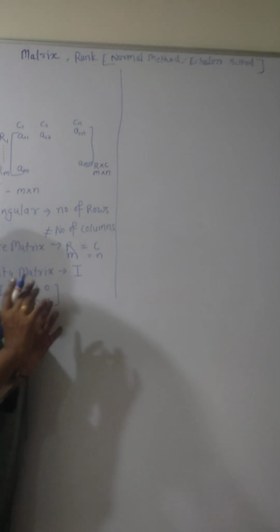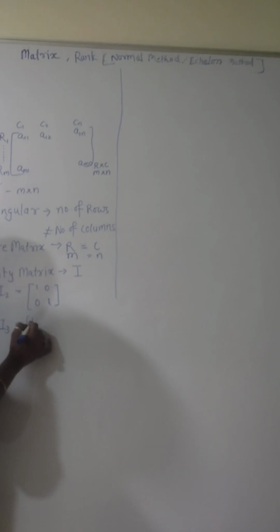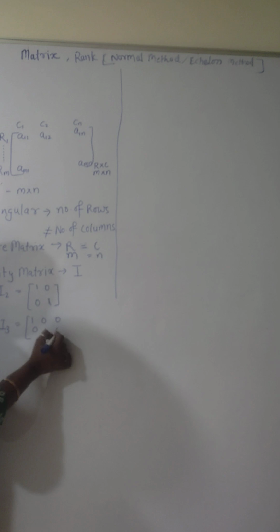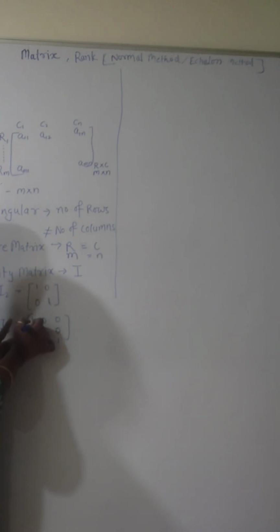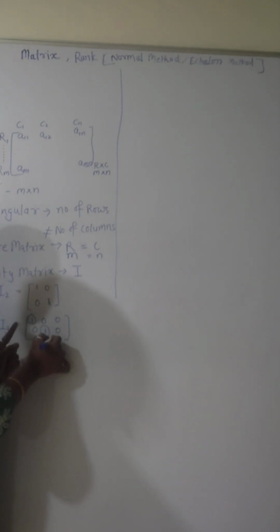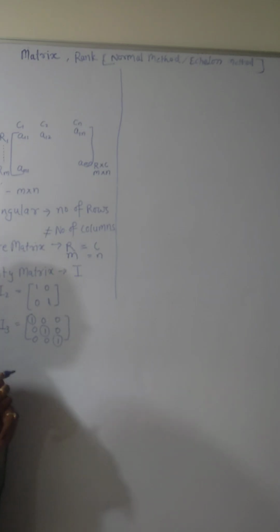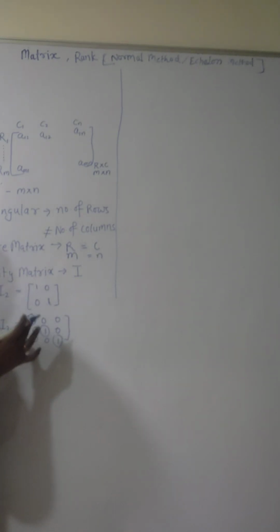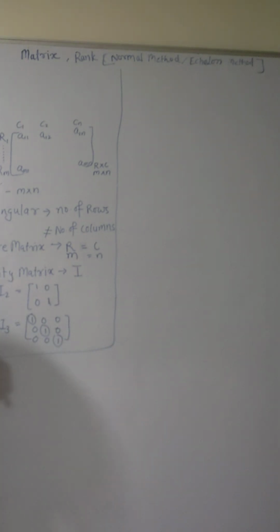An identity matrix is always a square matrix. I3 is the third order identity matrix: 1, 0, 0, 0, 1, 0, 0, 0, 1. So an identity matrix always has 1 on the diagonal and the rest are zeros. These are the basic concepts used for finding the rank.